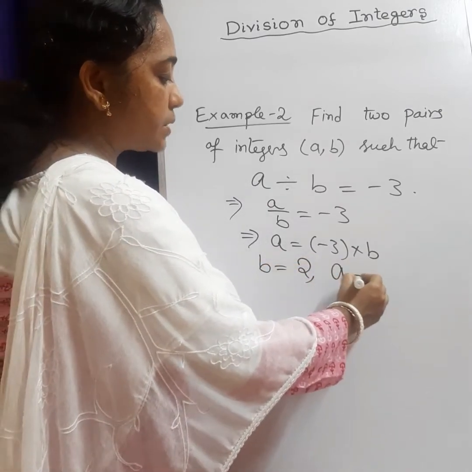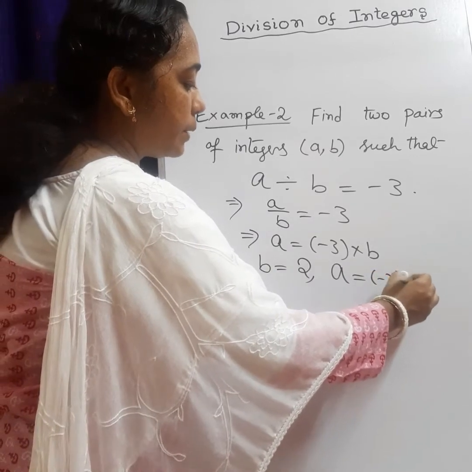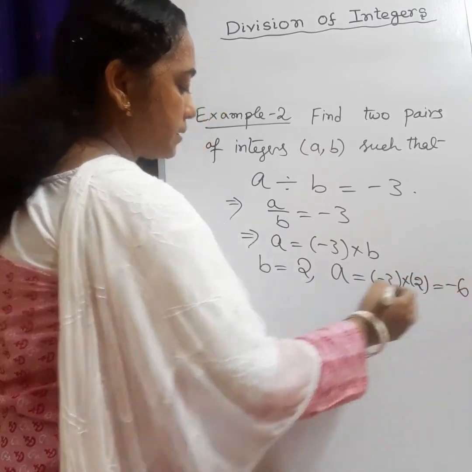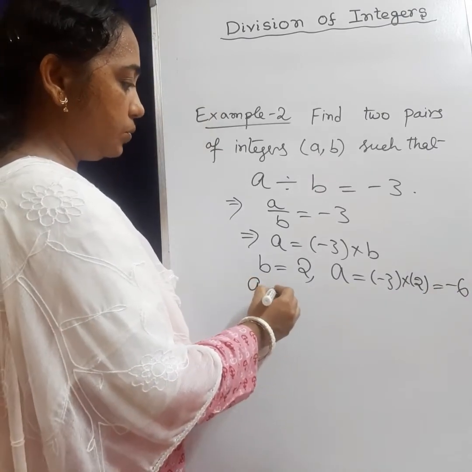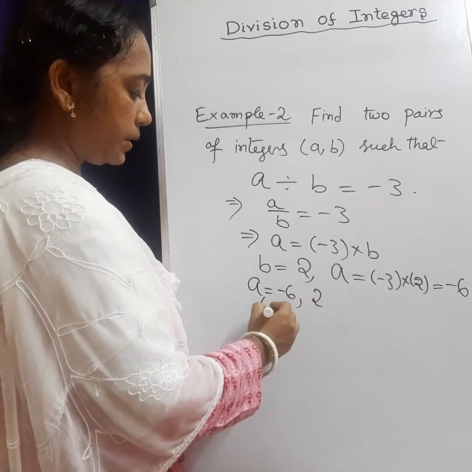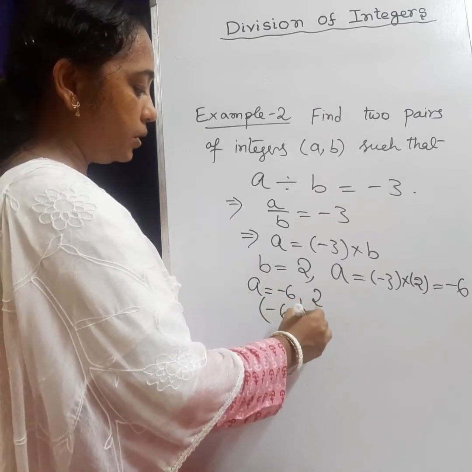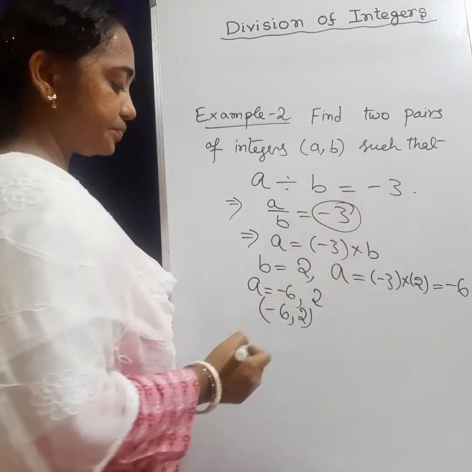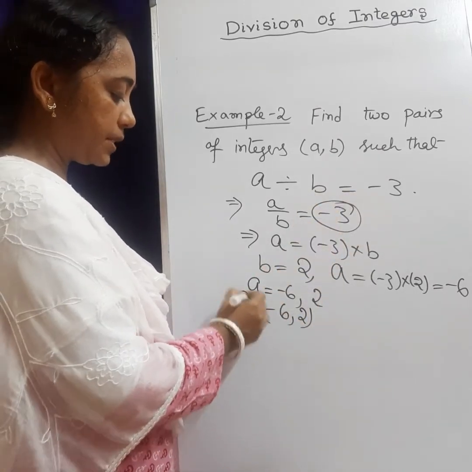Then a becomes -3 multiplied by +2 is equal to -6. So when a is equal to -6, b is equal to 2. So we get one pair as -6, 2. If we divide them, we get the quotient as -3. So this one pair we get.